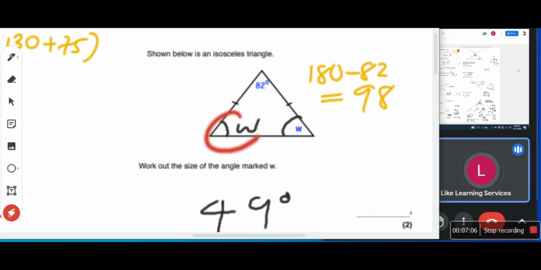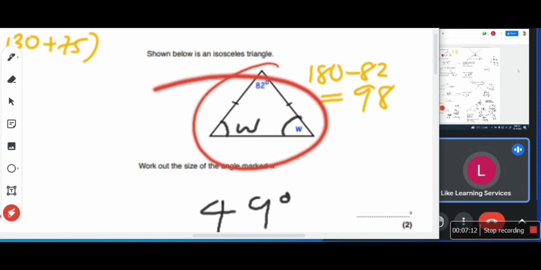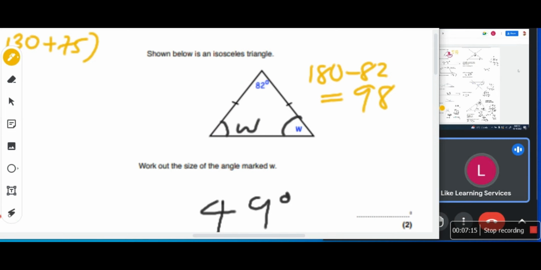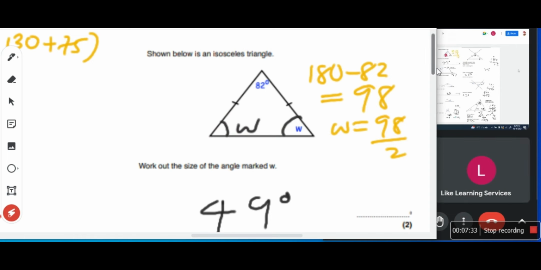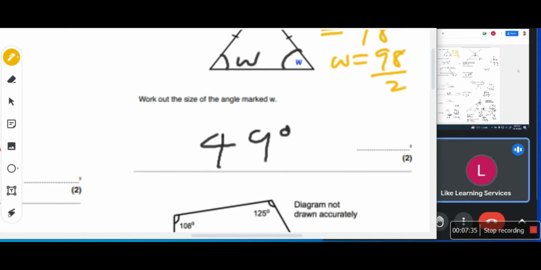So this W and the other W must be 98 together, because everything is 180. So I think what you did to get W was you divided 98 by 2. So W plus W must be 98. So only one W is 98 divided by 2. Okay, that's correct, 49.